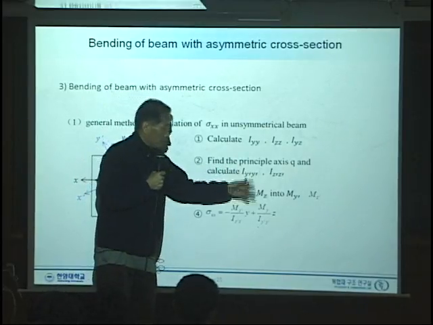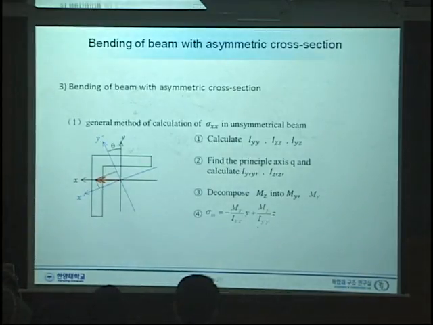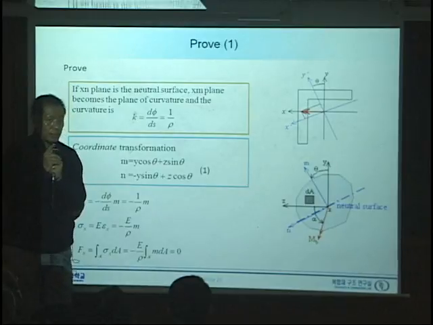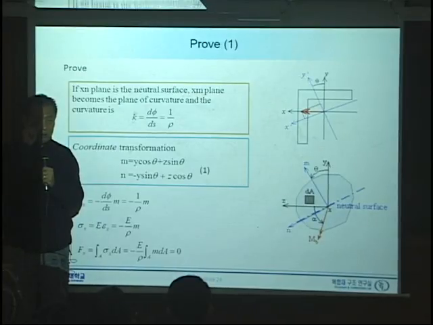And we need to calculate the principal axis and so on and so on. Okay, for this case, what's the step? What's the theory? How do we derive a theory? Well, this is rather complicated, okay? You have to pay real attention here.